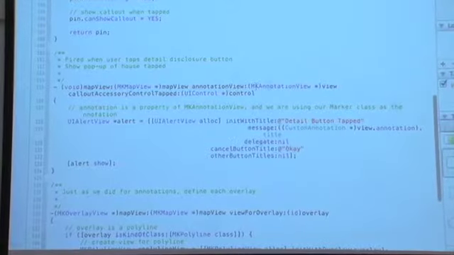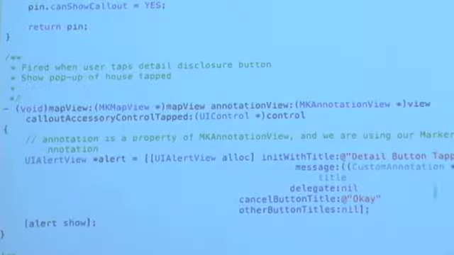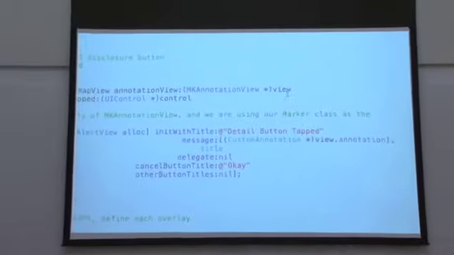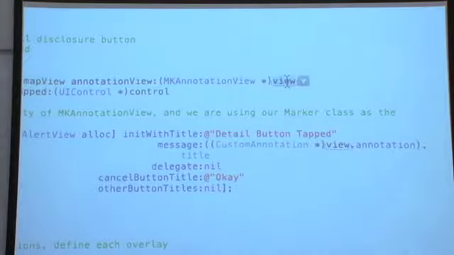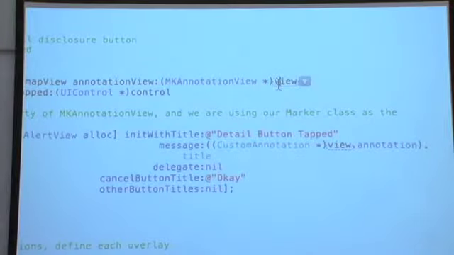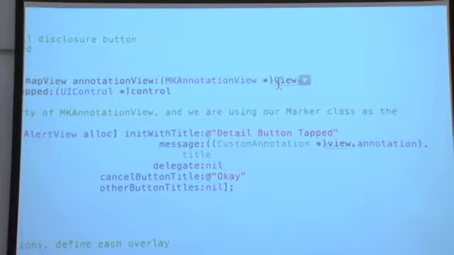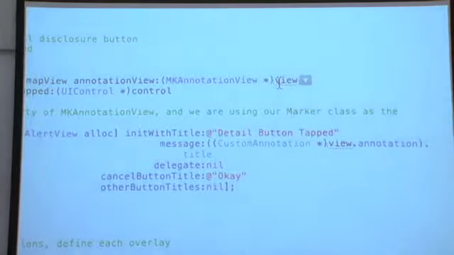OK, and finally, this is just my delegate method for what happens when I press that blue button. Not doing anything fancy there. But you'll see that I'm passed here some generic annotation view. But if I want to start using properties in the model that I've defined, I need to be sure to cast it to the model that I care about.